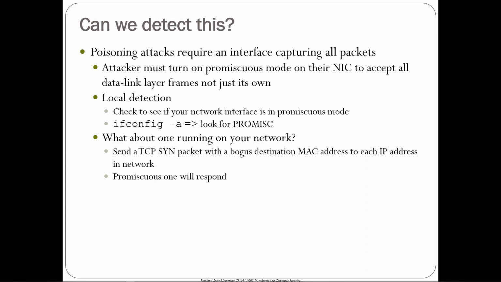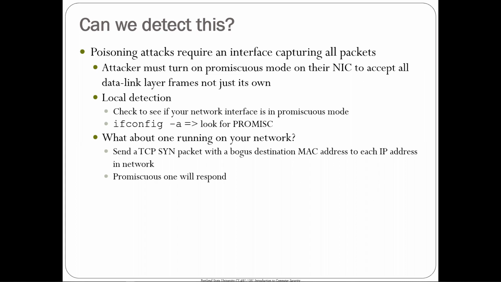But if someone does and responds to that, they're a promiscuous interface. I don't have a lab that does this. It's a whole bunch of work for very little benefit, but this is something you could do. Yeah, it would take a lot of work.